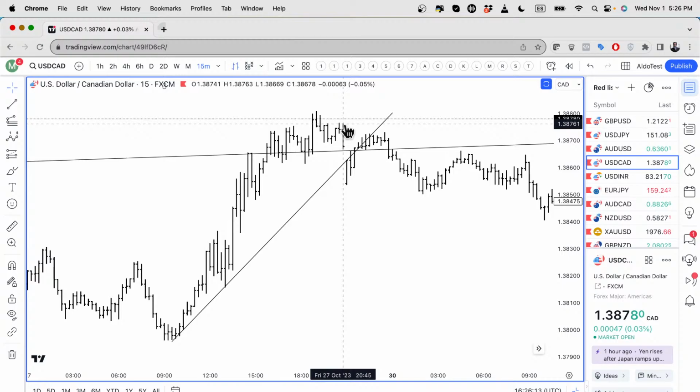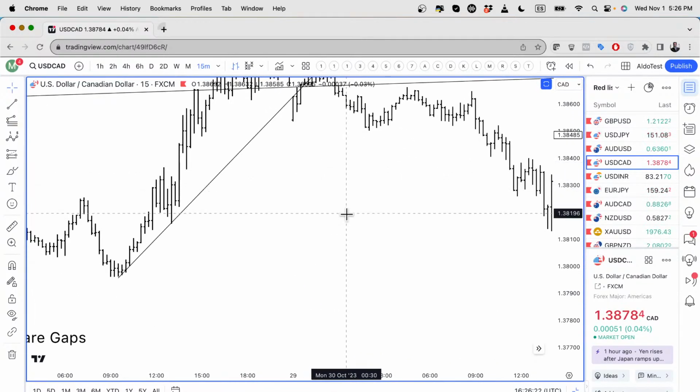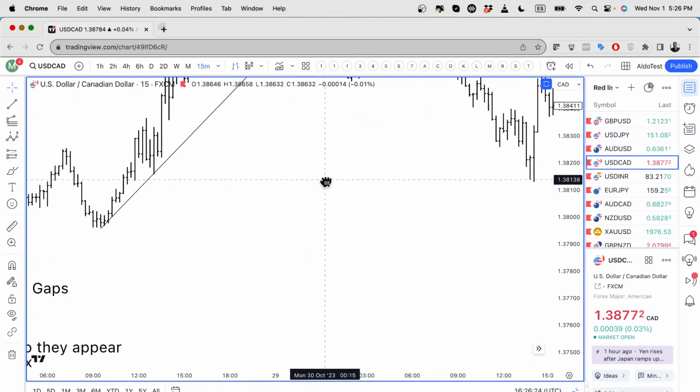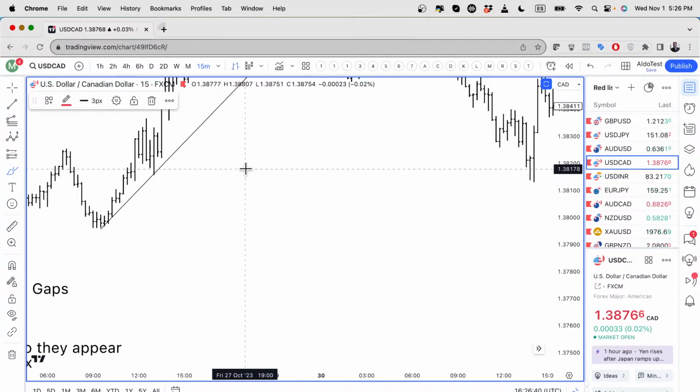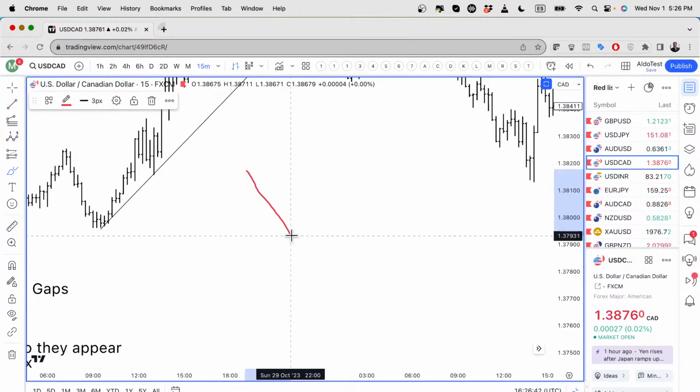Can breakaway gaps appear in wave A? Yes, indeed. That's a wonderful question, by the way. So let's say that is a wave A of a zigzag. All right, let's begin there. So we have a zigzag, looks like this.